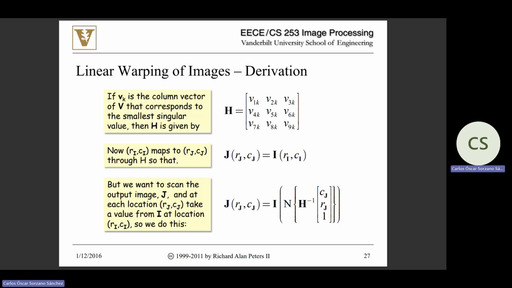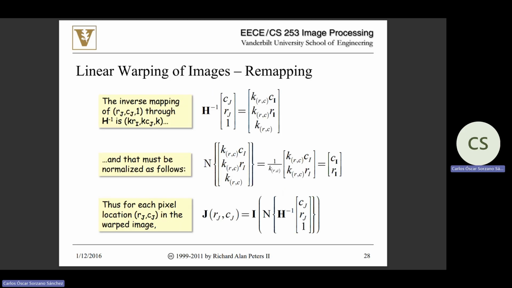Okay, so now we have the h there. So you put it there, that is our vector vk, and now you have h. So that h is the one that helps you to go from one image to the other.